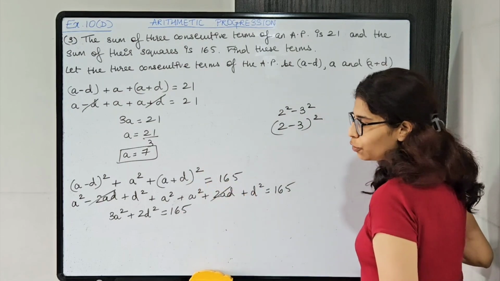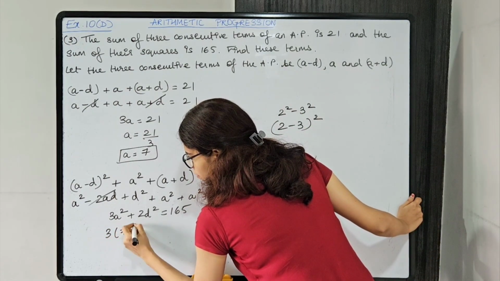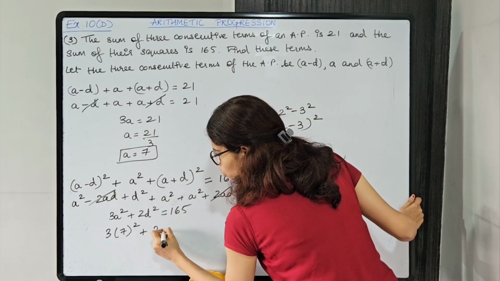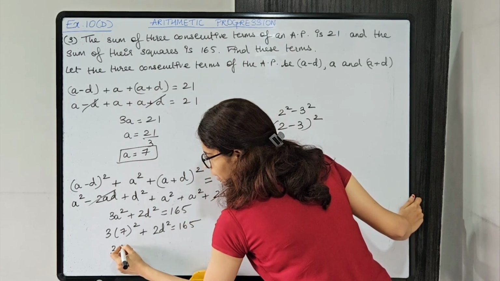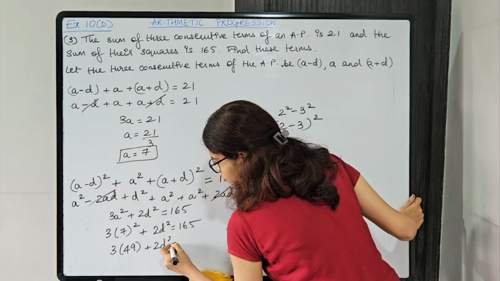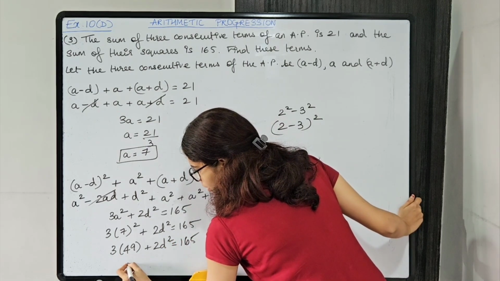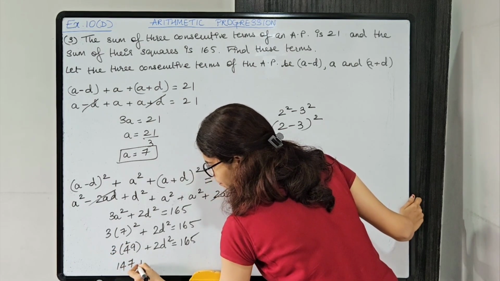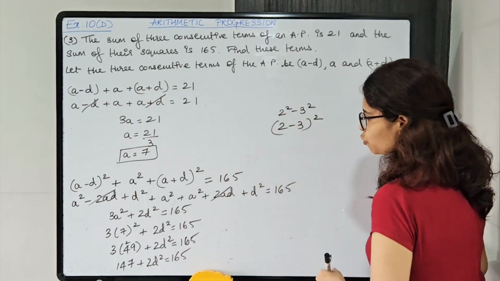Now we'll put the value of A. So 3 into 7 squared plus 2D square is 165. So this will give 3 into 49. So 3 9s are 27, 3 4s are 12, 14, so 147. Shift it.